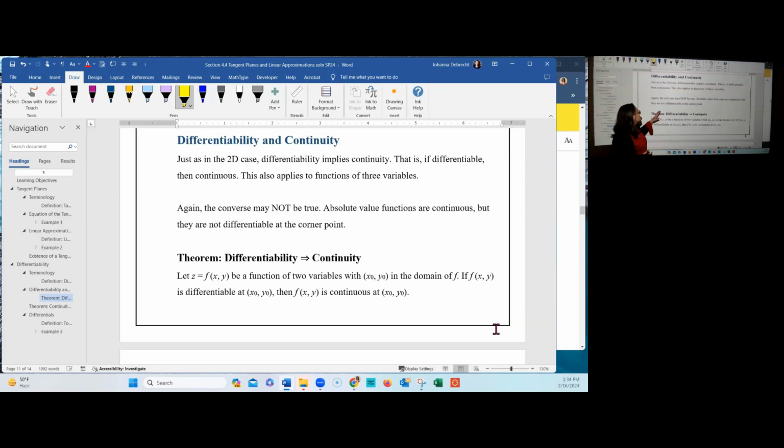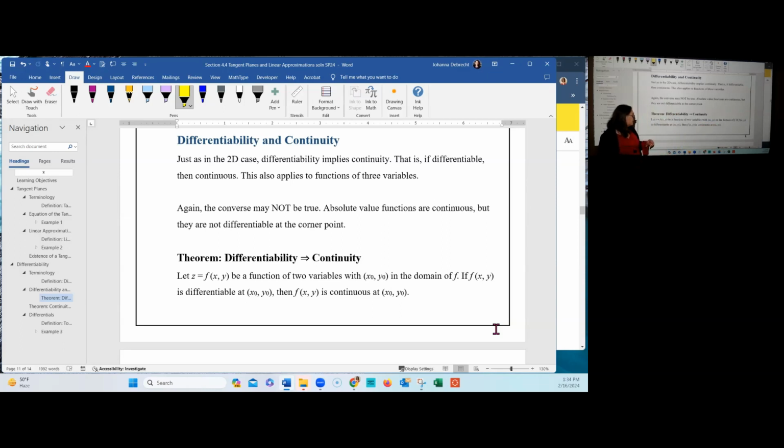Let's go ahead and see what happens in the three-dimensional case. Is there a case where we have differentiability implying continuity again? If differentiable, then continuous. In this case, we let z be a function of two independent variables with a point x naught, y naught in its domain.